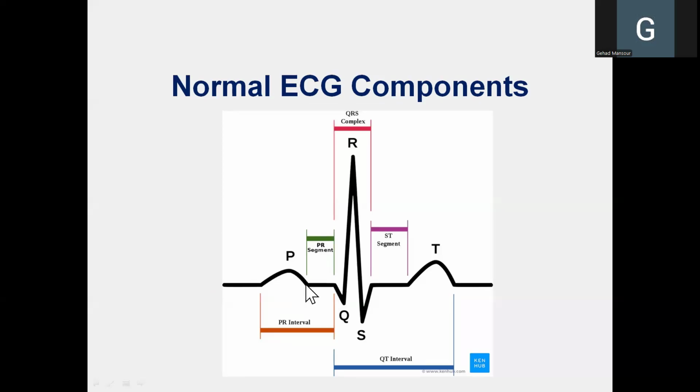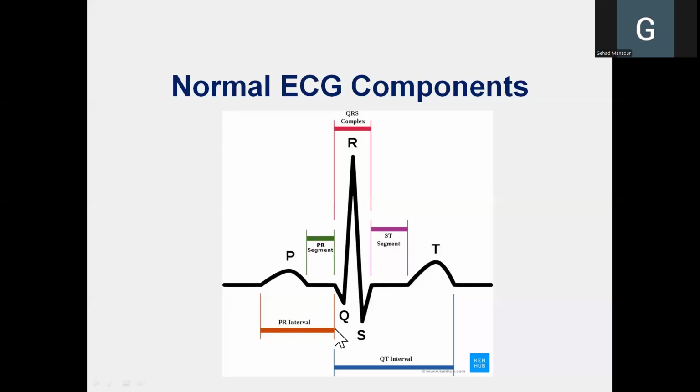It starts at the end of the P wave and ends at the beginning of the Q wave. It might be prolonged if we have a conduction defect in the AV node, or in case of the AV nodal rhythm, on the other hand, it might be shortened or absent.